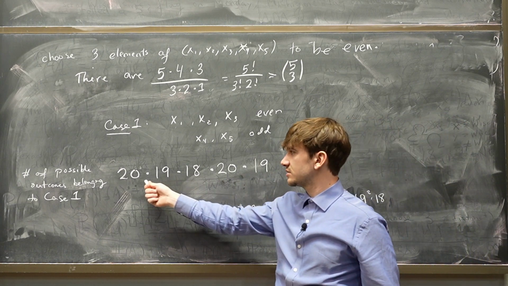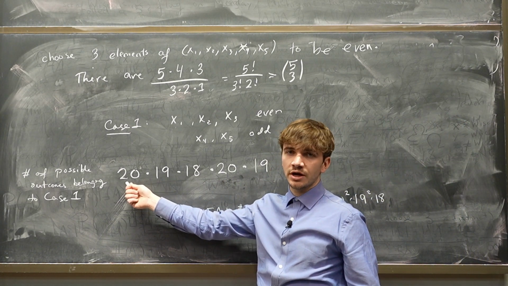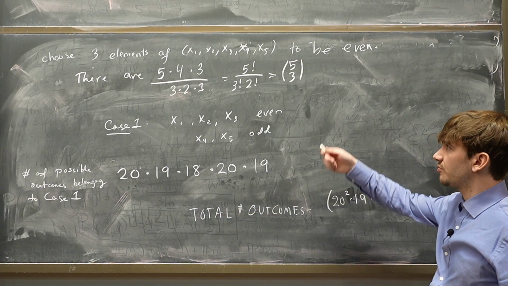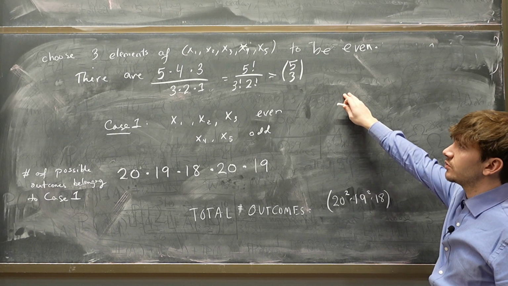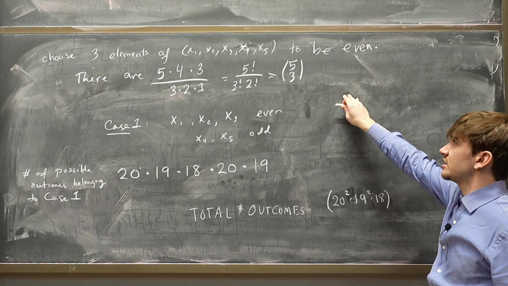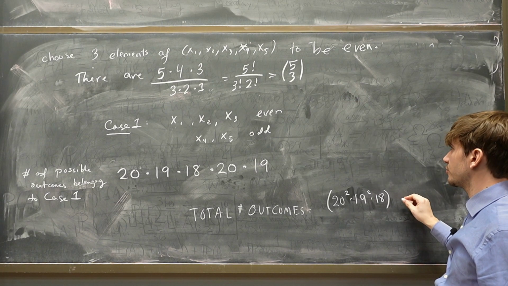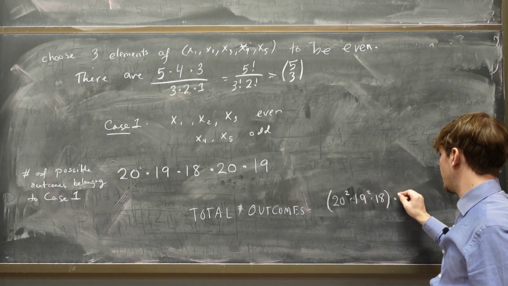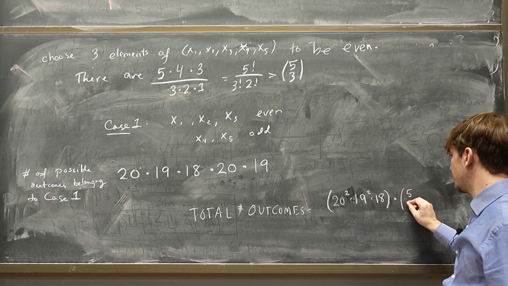This is the number of possible outcomes belonging to a single case. And then I multiply this by the number of possible cases, which is the number of possible ways to choose 3 elements of our 5-element set to be even, namely 5 choose 3. So multiplied by 5 choose 3 here.